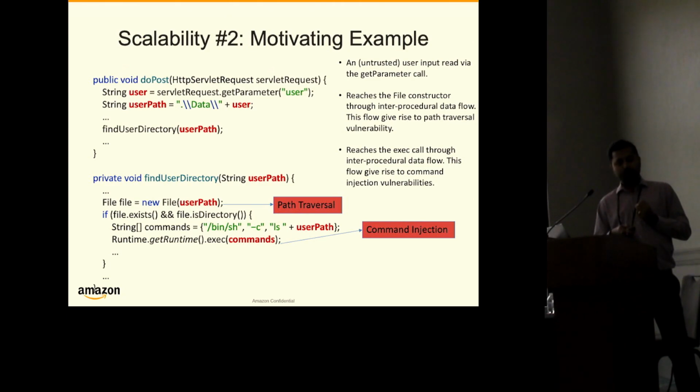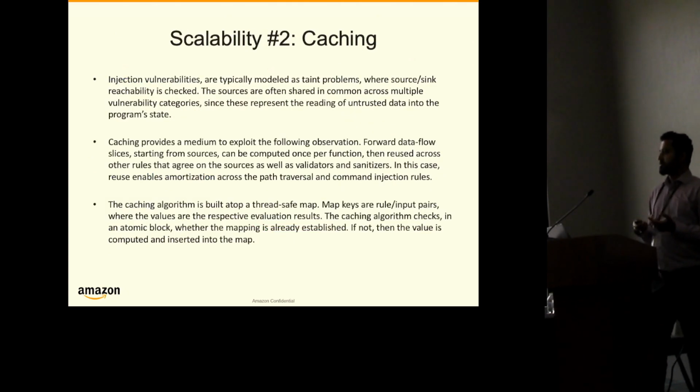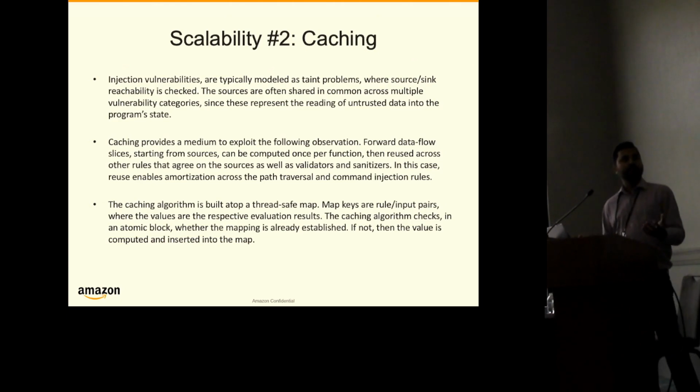And when we allow rule writers to specify rules to detect such errors, we introduce a notion called caching. So here also we abstract that idea from rule authors that if your rule runs this kind of injection checks, how do you share common forward data flow slices across rules so that every injection rule that runs on this code base does not have to compute it all over again?